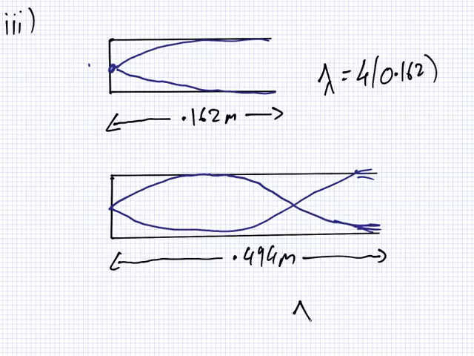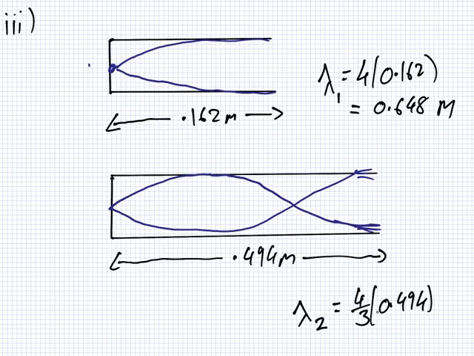And in this picture, I'll write down wavelength 1 and wavelength 2, that would equal, not 4, it would be 4 over 3 times 0.494. So 4 times 0.162 is 0.648 meters, and in this one, 0.6587 meters.